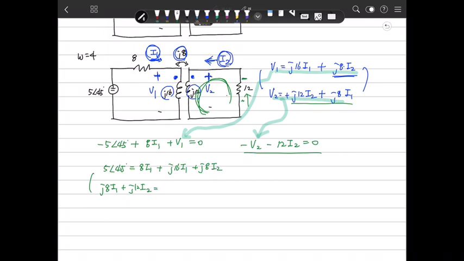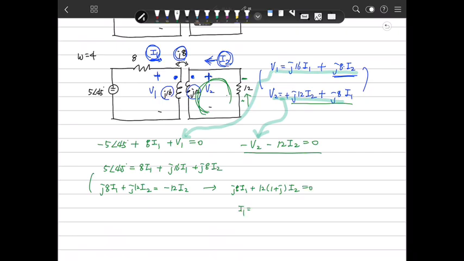It will be minus 12I2. So we can simplify this here. Is J8I1 plus 12 1 plus J(I2) is 0.